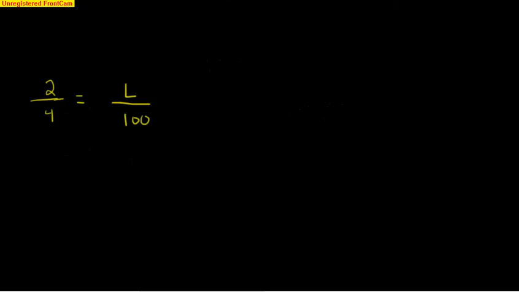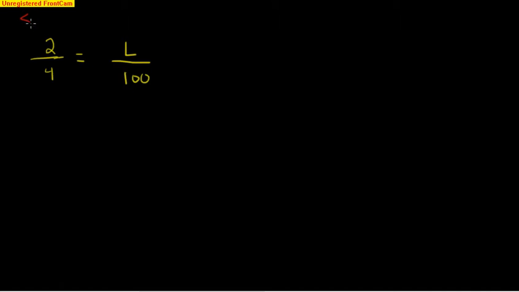Let's look at an example. 2/4 equals L over 100. We're trying to find L. The directions would be solve. We're solving for L, so we need to get L equals. First thing we do is we set up an equation. Because there's an equal sign here, we know we can apply cross products.